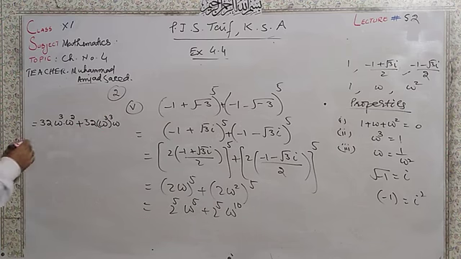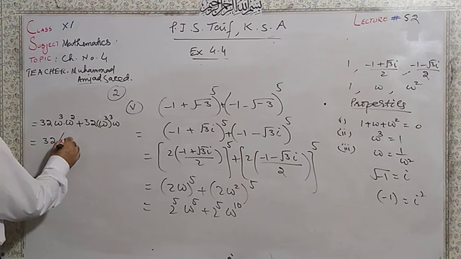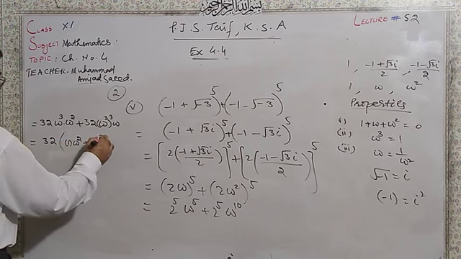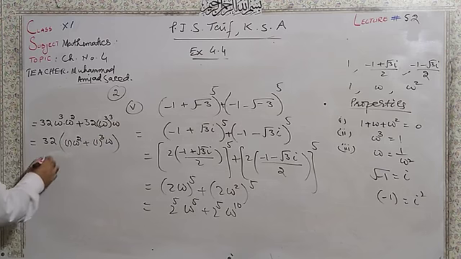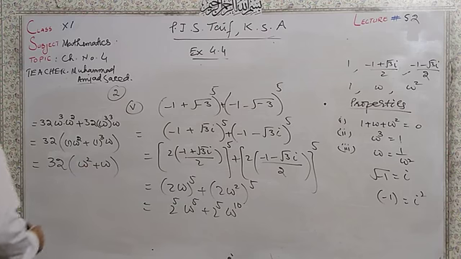Now take common 32, and here will be 1 into omega square plus 1 cube into omega: 32 into omega square plus omega.